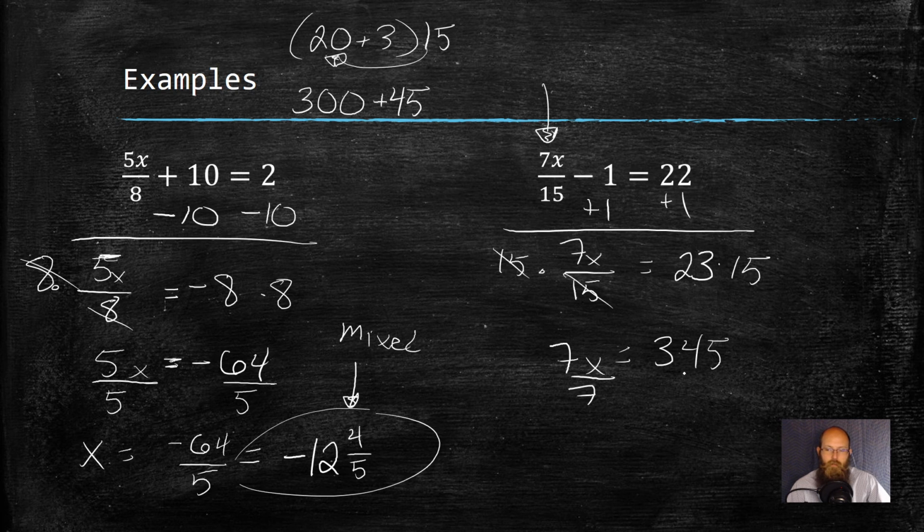I have to divide by 7 now. Oof. And that is likely to not be pretty. I'm going to cheat here and pull out the old calculator. 345 divided by 7 gets me a 49. So I could either leave it as 345 over 7, or put that in a mixed number. Since it's a 49 on there, I see a 49. So it's definitely going to be 49 perfect times, but then there's some decimal.